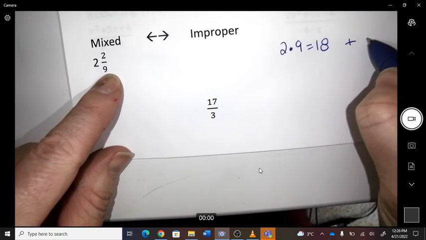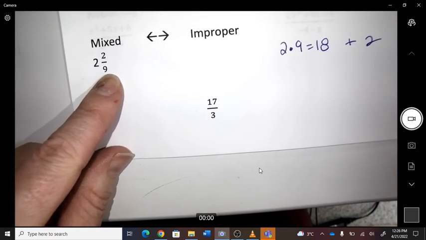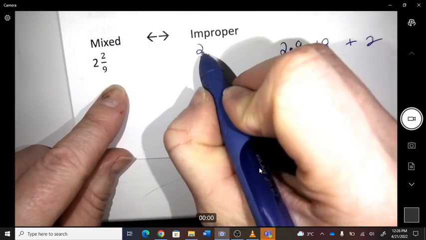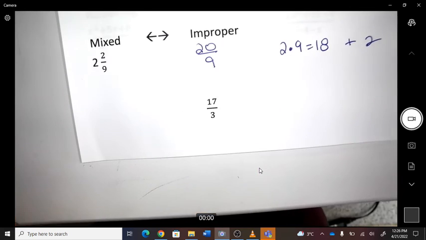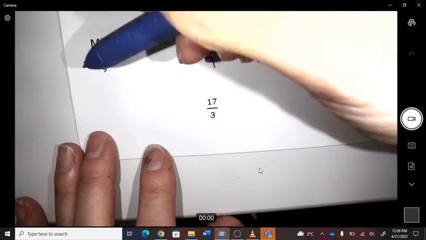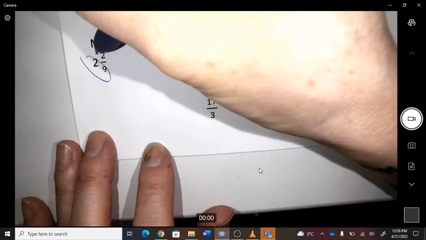And then in your last pie, you have 2 more slices. So that's 20 slices of 9ths. Okay, so it's kind of like times and add.